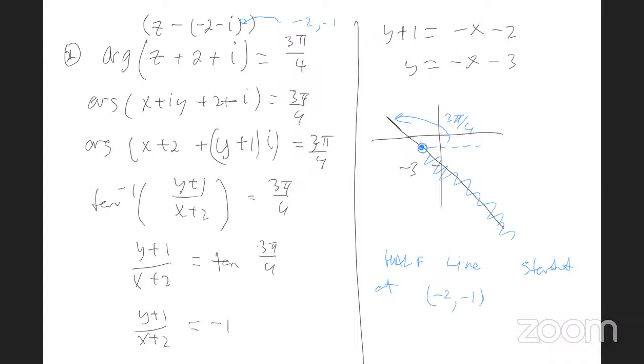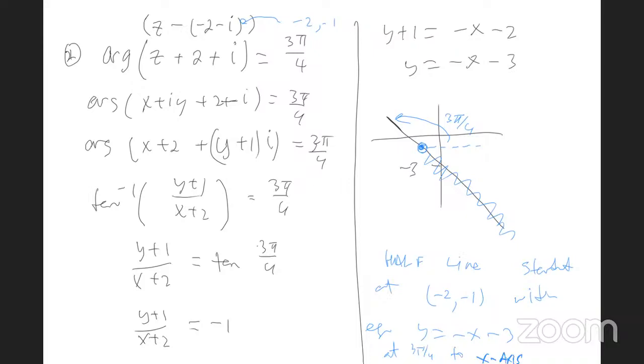So it's a half line starting at minus 2, minus 1 with equation y is equal to minus x minus 3. And you could also say at 3/4 pi to the x-axis.